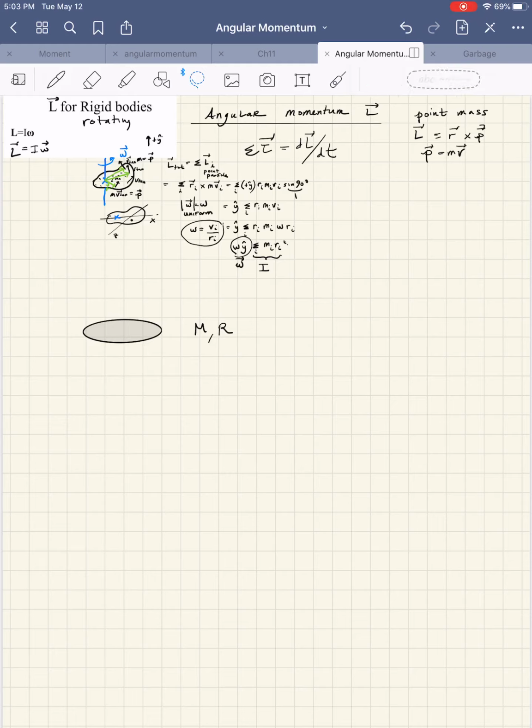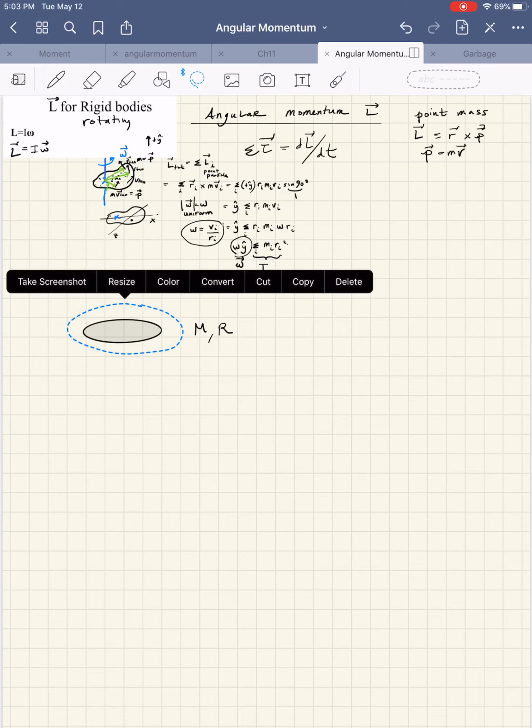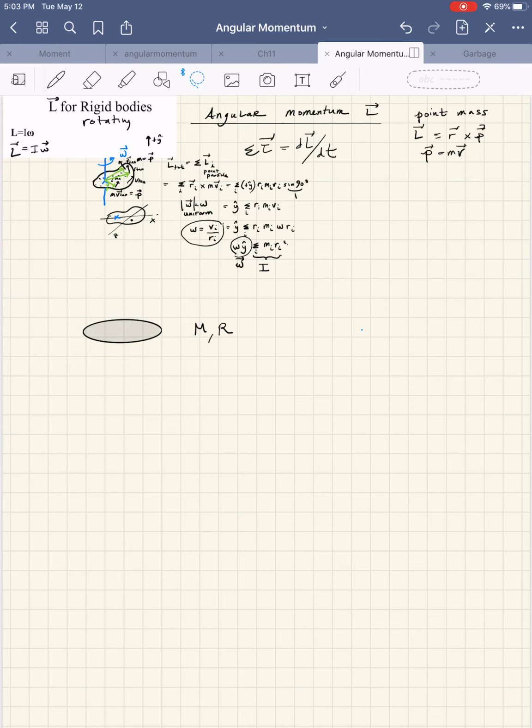So I'm going to take the same disk and copy it and put it over here. It's the same disk, but I'm going to find the angular momentum around an axis of rotation right through its center of mass location, assuming this is uniform. That x would be the center of mass.